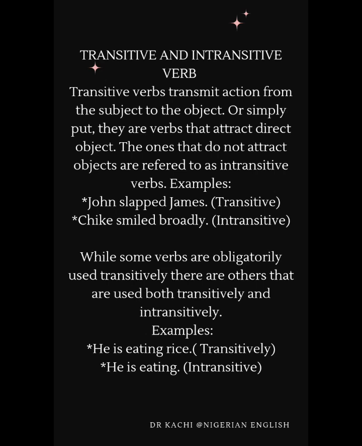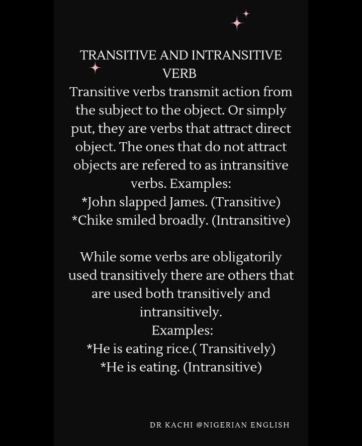In this particular sentence, you can see that there is no object. Do not make any mistake of thinking that the word broadly there is an object. It's not an object, it's an adverb of manner, showing you how Chike smiled.